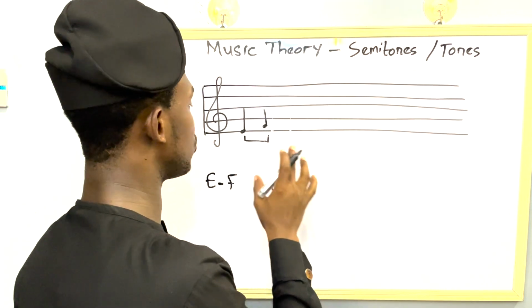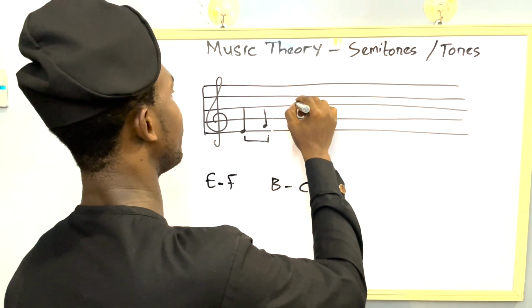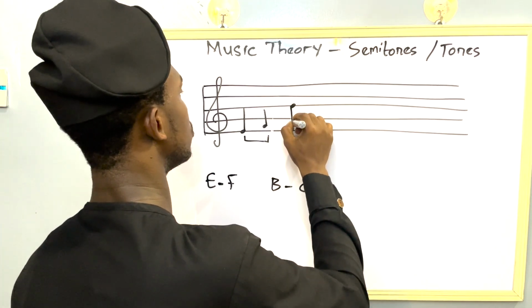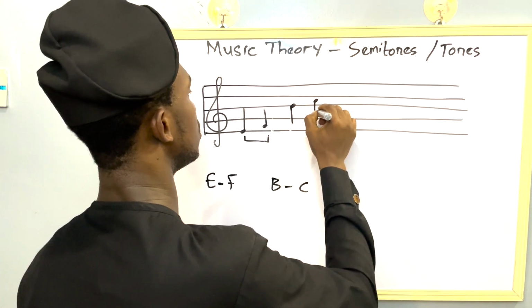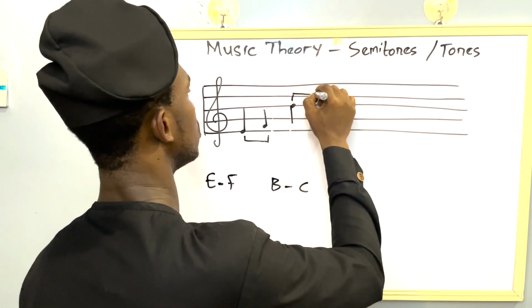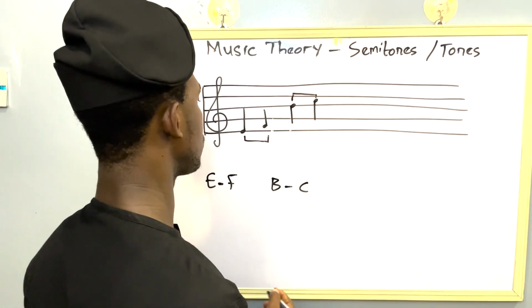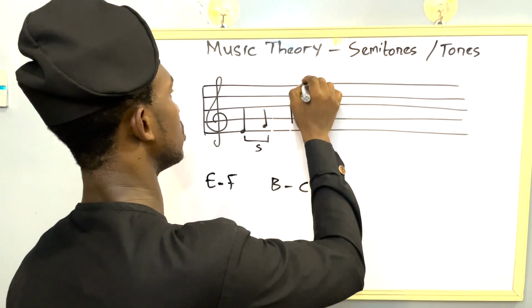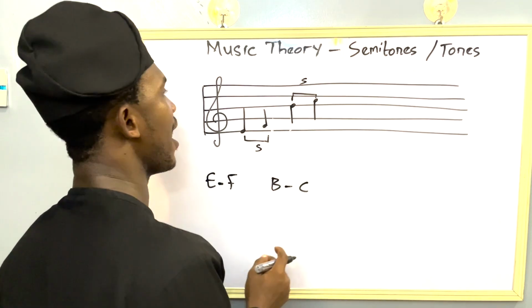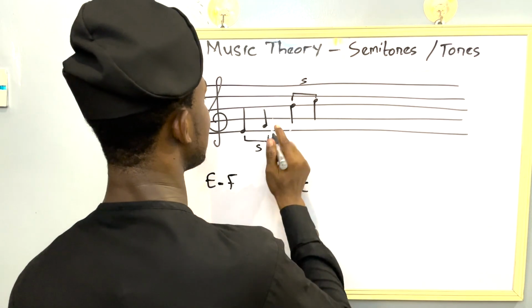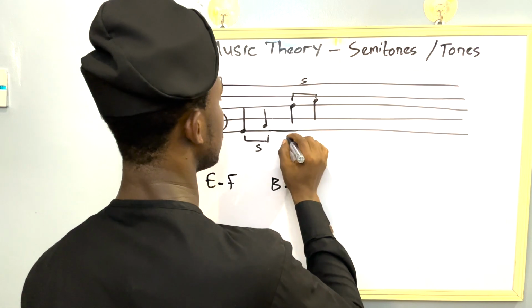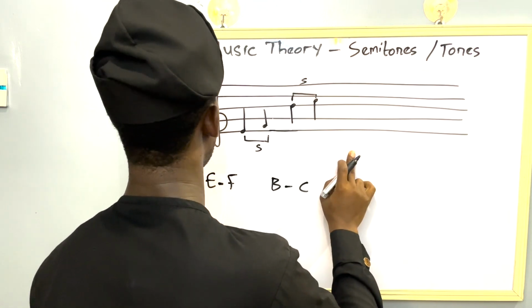Remember, semitone measures distance. So if you have this note here also, B to C, it is a semitone. Every other place on the staff is a tone movement, and we have to note that.